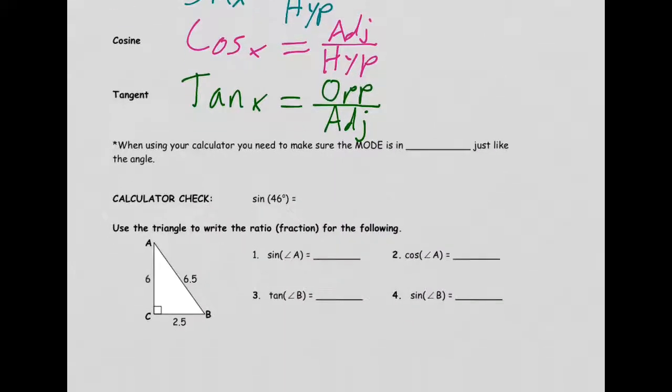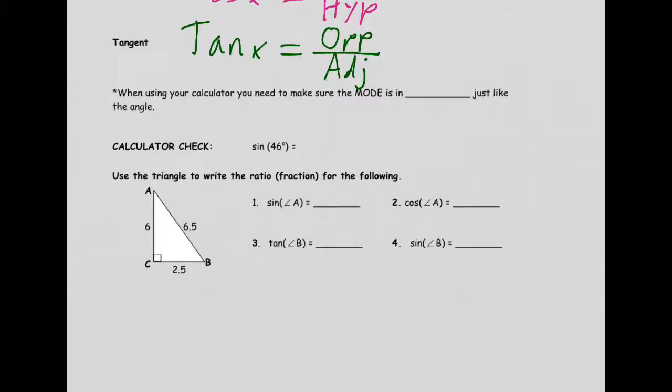When using your calculator, you need to make sure the mode is in degree. If you have your calculator out in front of you, just press the mode button near the top of the calculator, and you're going to see a whole big list of things.